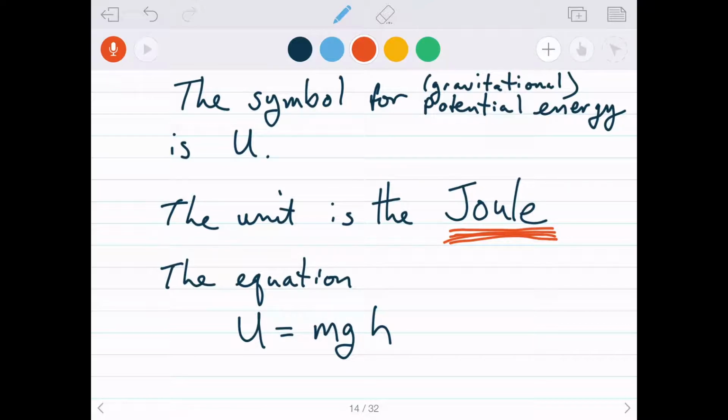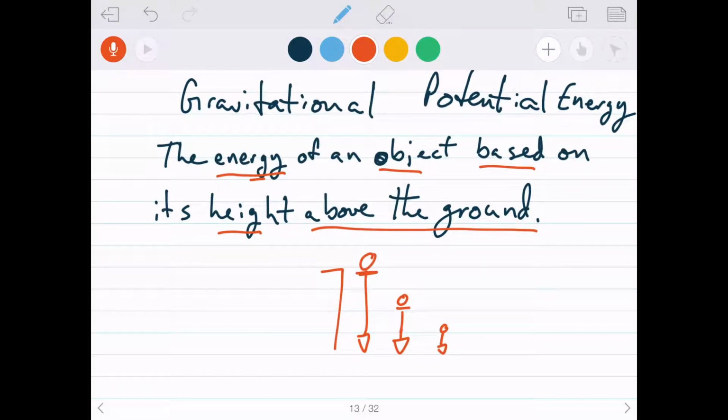The equation for potential energy is U equals mass times the acceleration due to Earth's gravity times the height of the object, mgh. U equals mgh. So if we go back to the picture I was drawing, mass times gravity times height.